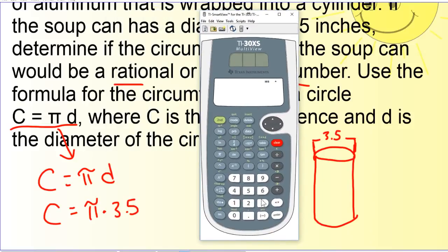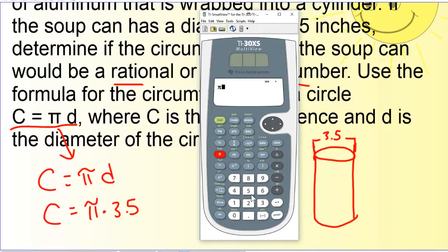Now, if you type in 3.14 times 3.5 equals, you get 10.99. It looks like a rational number, but it's not. Because again, 3.14 is not pi. It is an approximation. It's something we do to make our lives easy so we don't get a ton of unneeded decimals.